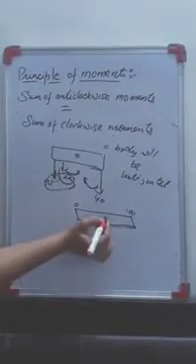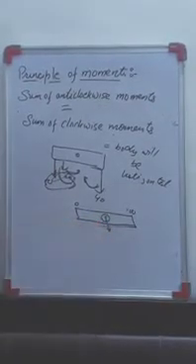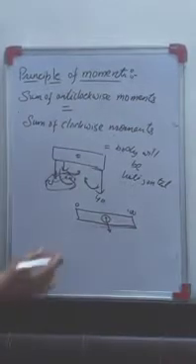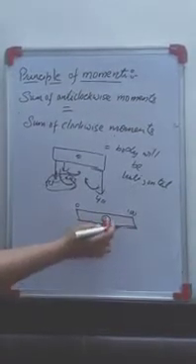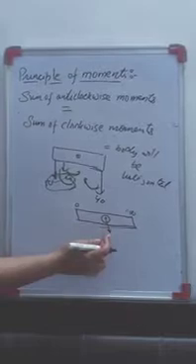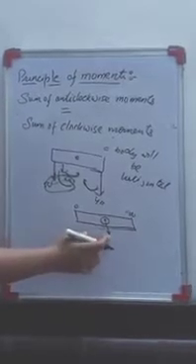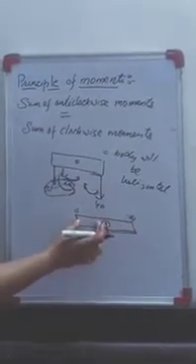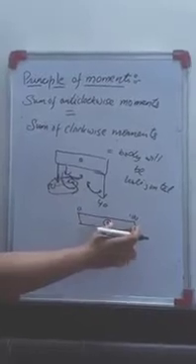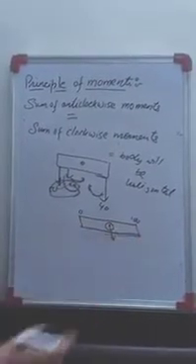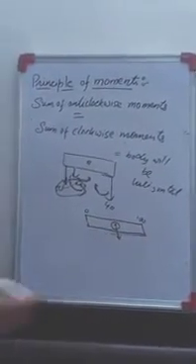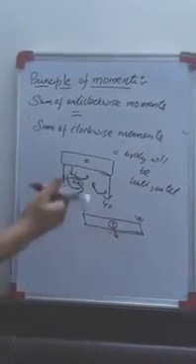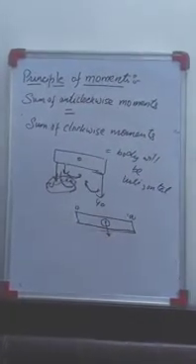If the scale is pivoted at the center, the total weight of the scale acts downward, and the distance is 50 on this side and 50 on this side. That means the clockwise moment is equal to the anti-clockwise moment, so the scale will be in a horizontal position.